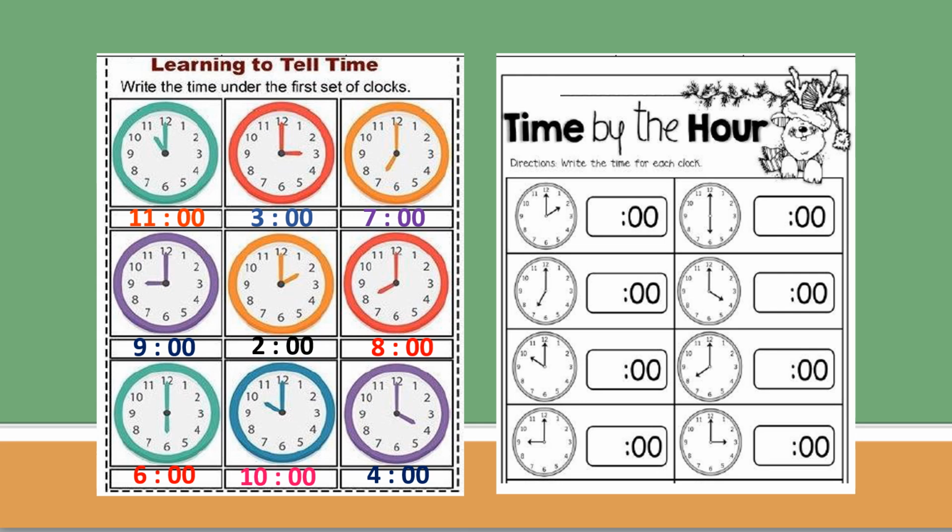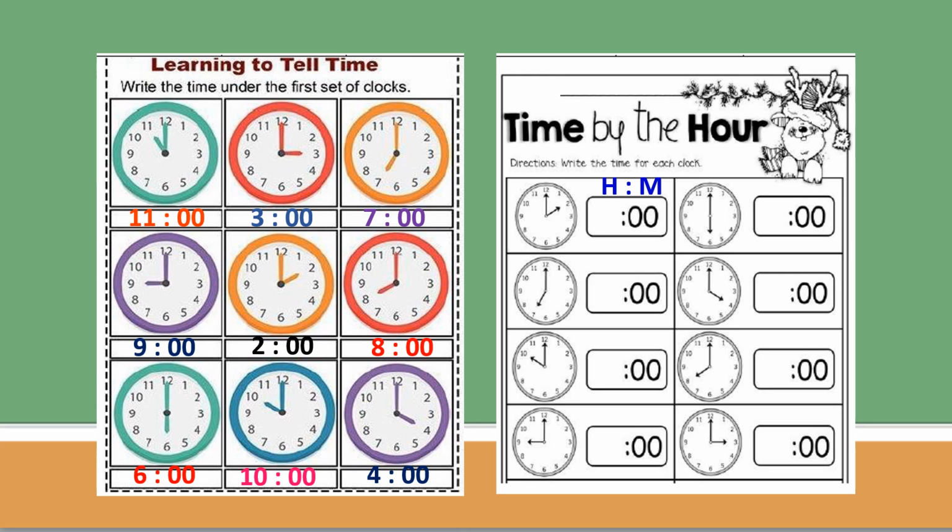Page number 98. Write the time for each clock. Okay, here in the first clock, he told me that in the minutes hand we have 0, 0. So he asked me in hours. The short hand here points to what?